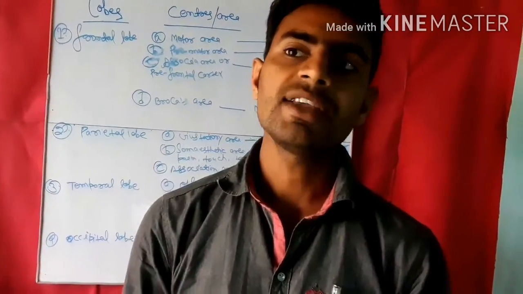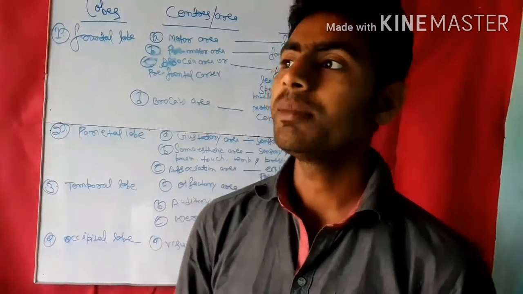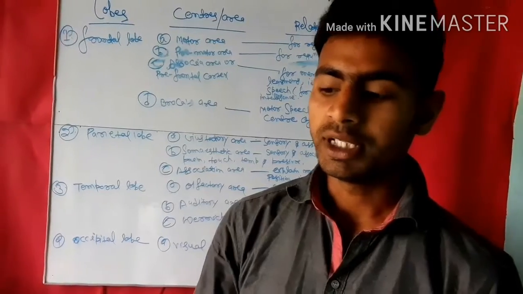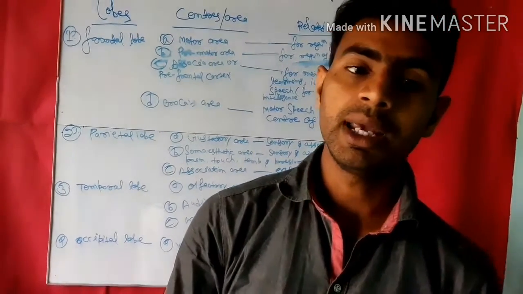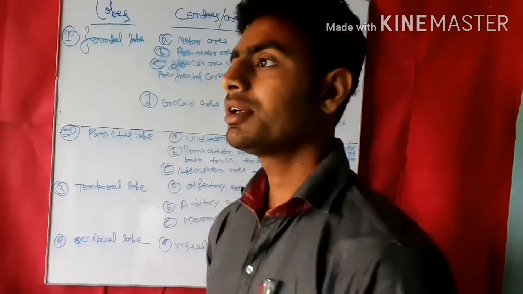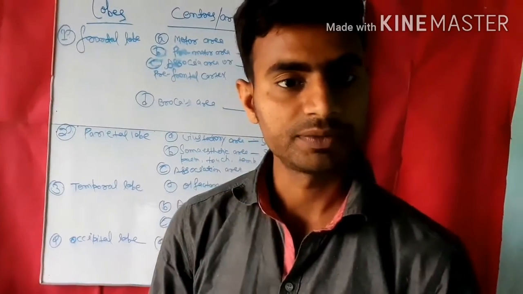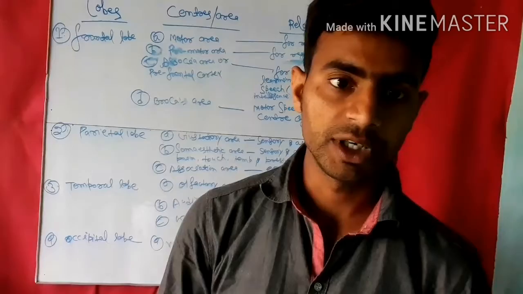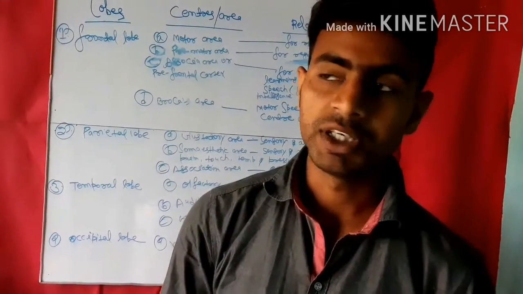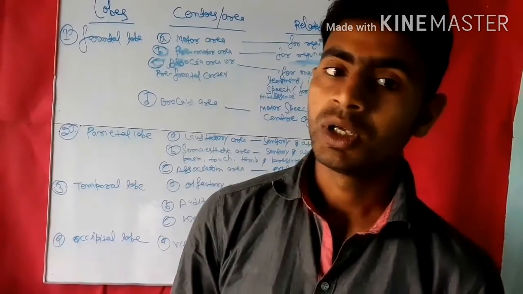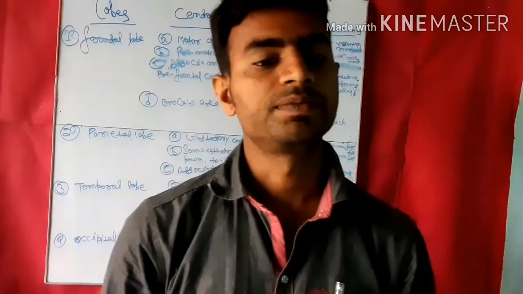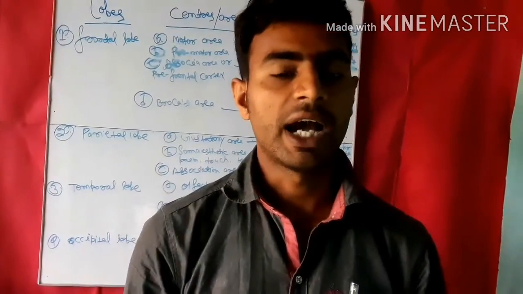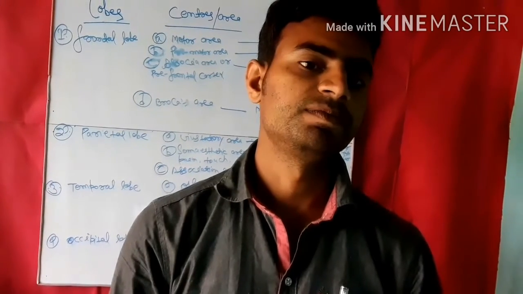Cerebrum is divided into two parts, the cerebral left hemisphere and the cerebral right hemisphere, and each cerebral hemisphere is divided into cortex and medulla, and each cortex has four parts.